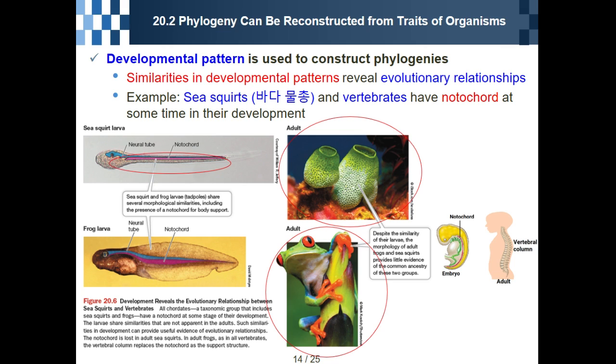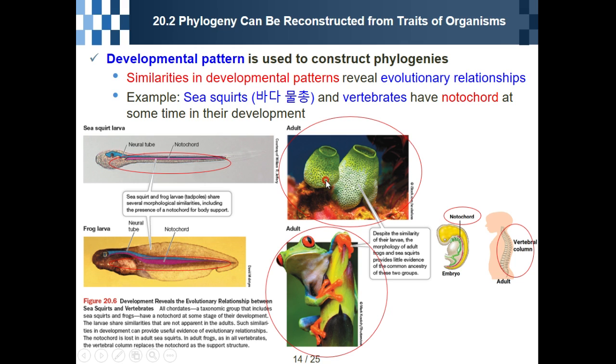However, the developmental pattern, they are nearly similar to each other. So what is the notochord? The notochord becomes the vertebral column, like this. Usually the similarity in developmental patterns reveals evolutionary relationship. For example, sea squirts and vertebrates have the notochord at some time in their development.